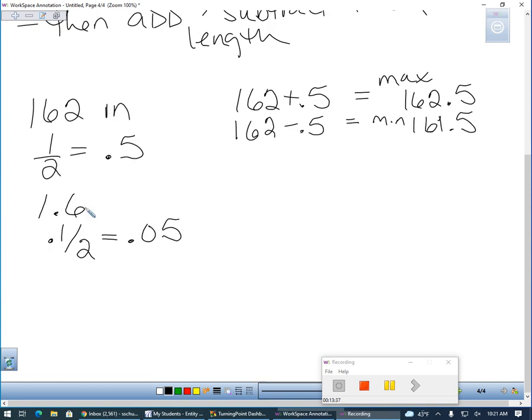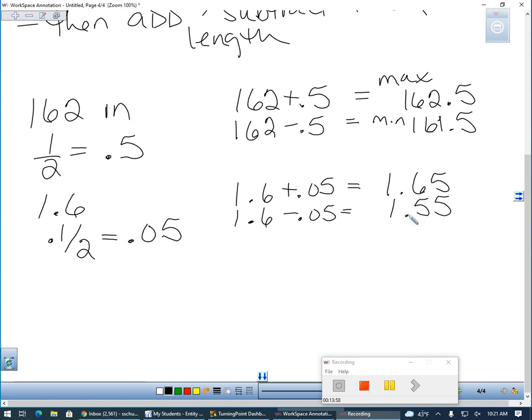I would take my value, 1.6, and add 0.05 to it. 1.65. I agree. And then I would take my 1.6 and subtract 0.05, and I would have 1.55. So again, my measurement could be anywhere from 1.55 to 1.65 and be acceptable. Okay? So let me show you how this actually applies into the homework.